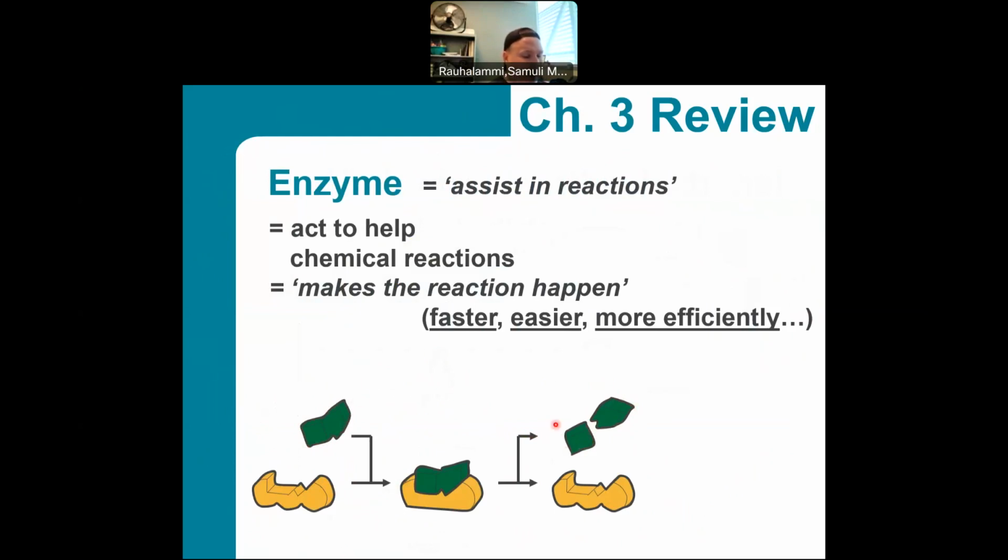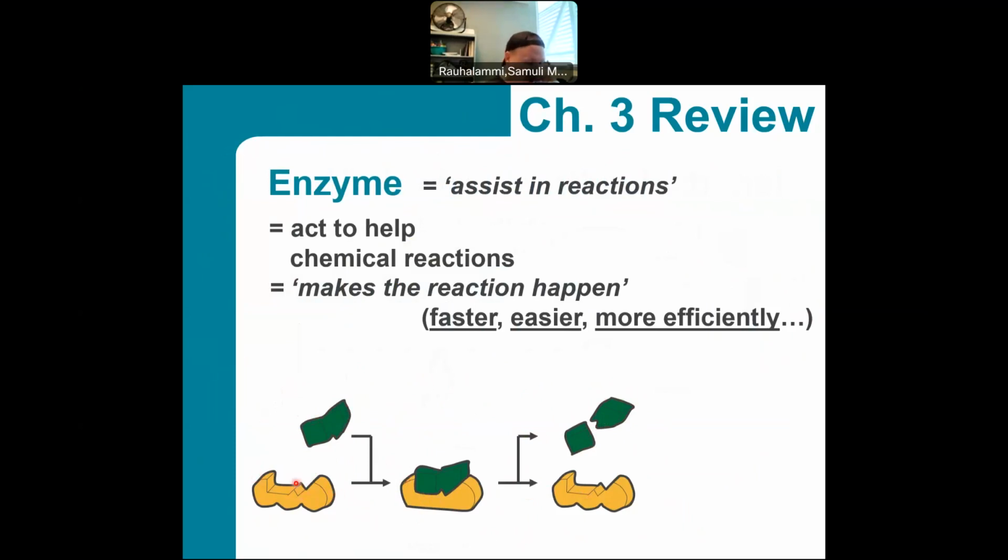This will happen regardless of whether we have enzyme in the reaction or not. However, if we add an enzyme to this reaction, and the enzyme is symbolized by this yellow blob that we're seeing here, this enzyme helps us to accomplish this reaction. In this case, it could be, for example, making it happen more quickly. So enzymes come to assist.